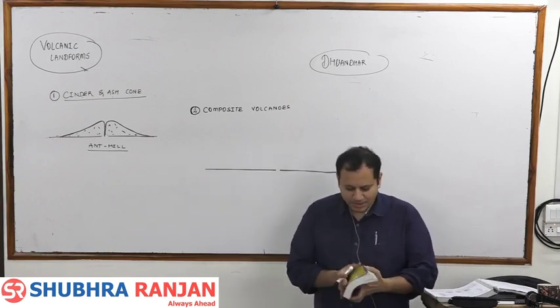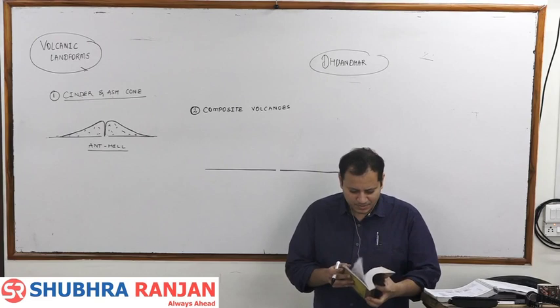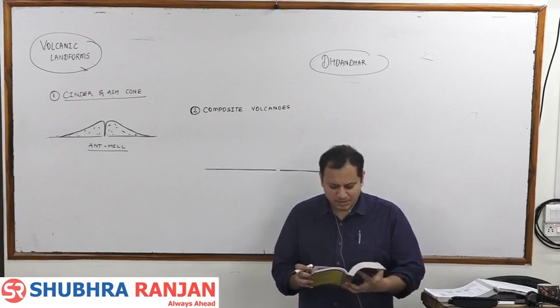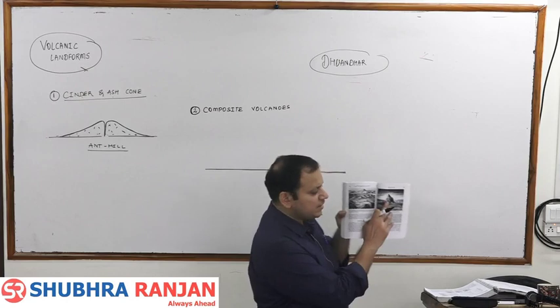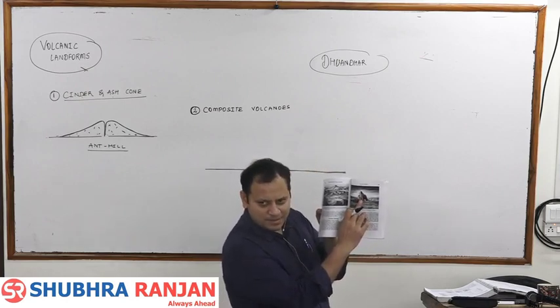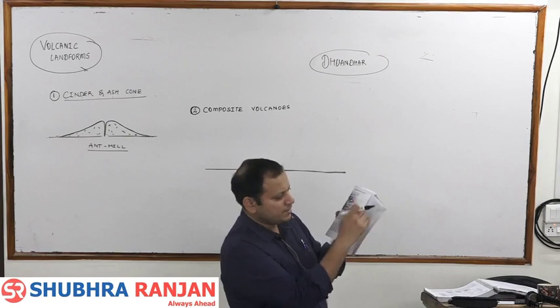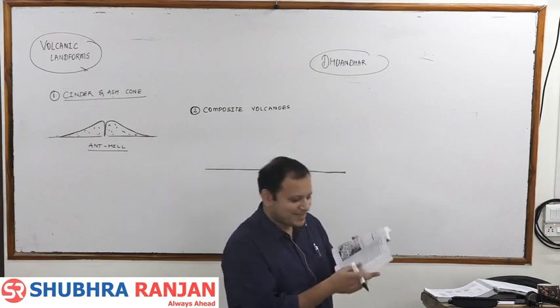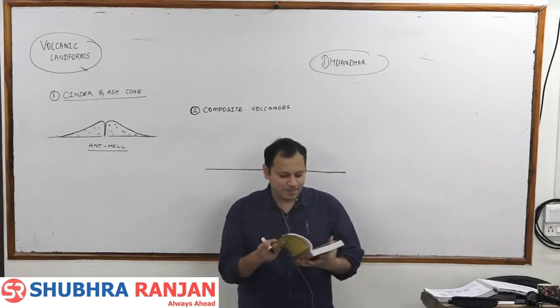So it's only for some 2-3 pages. So this is what a cinder and ash cone and hill is. Getting it? These are pseudo volcanic features. So this, it is mentioned properly.